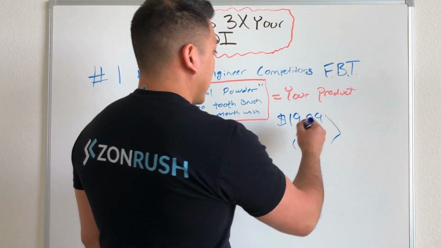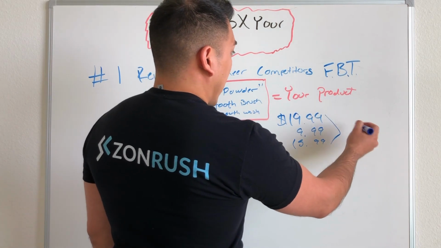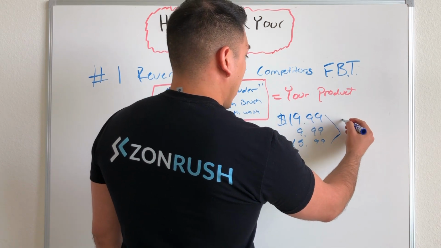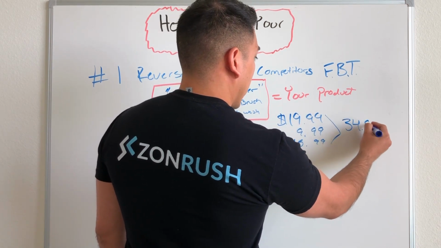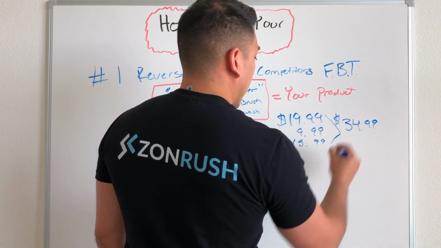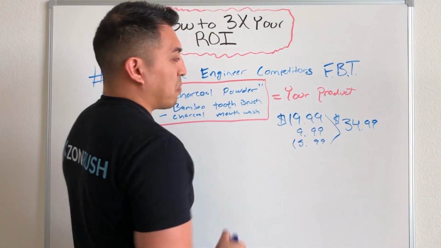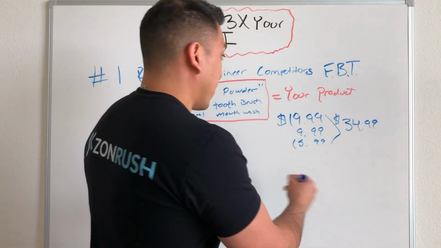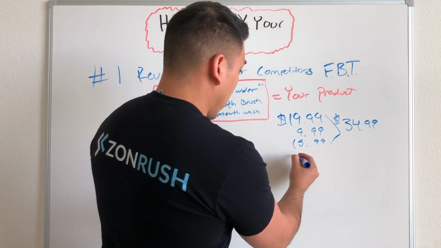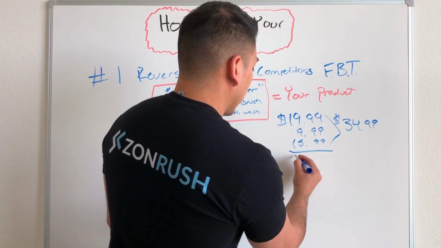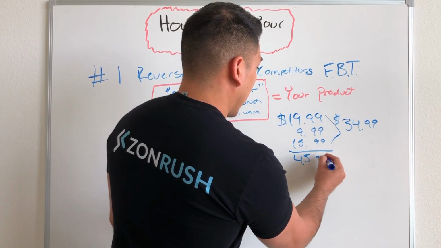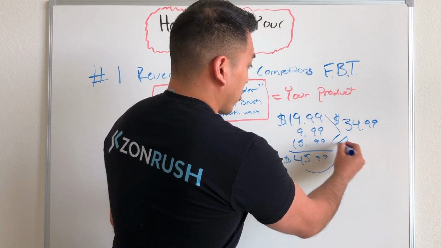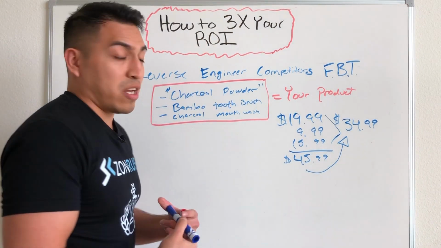If you came to market priced at, let's say, $34.99, it's still cheaper than if people bought all these separately, because you'd be saving them, let's see, 20, 30, 45. There we go, 45. They're saving money on your product and you differentiated yourself.